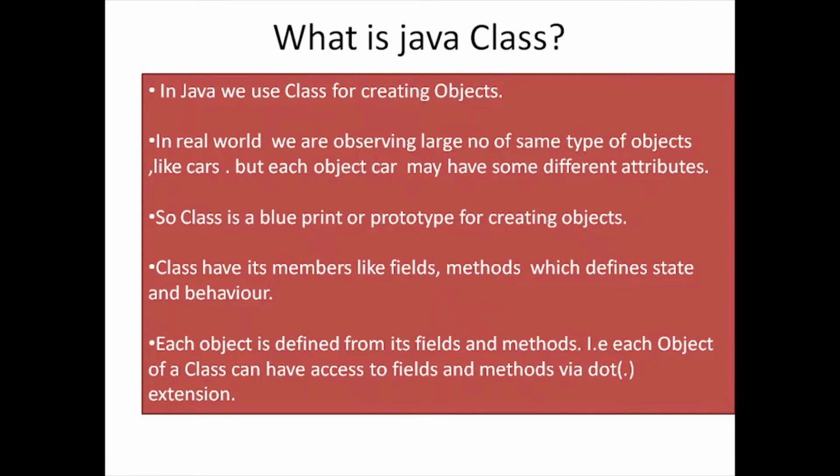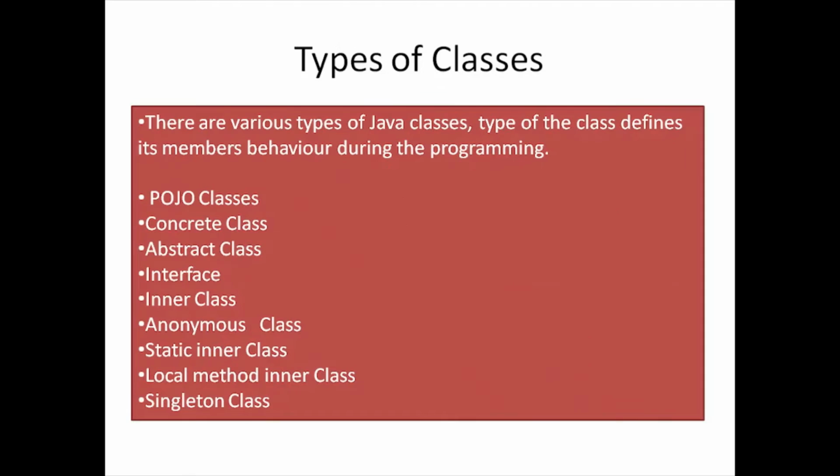What are the types of classes? There are various types of Java classes. The type of a class defines its member behavior during programming. POJO class, as the name signifies, plain old Java object class, concrete class, abstract class, interface, inner class, anonymous class, static inner class, local method inner class, singleton class.